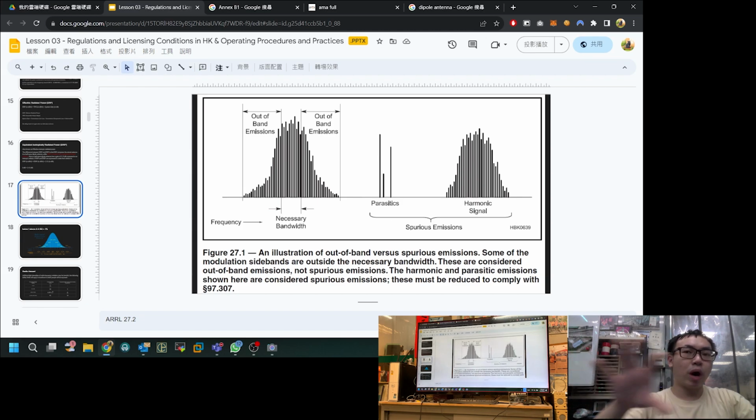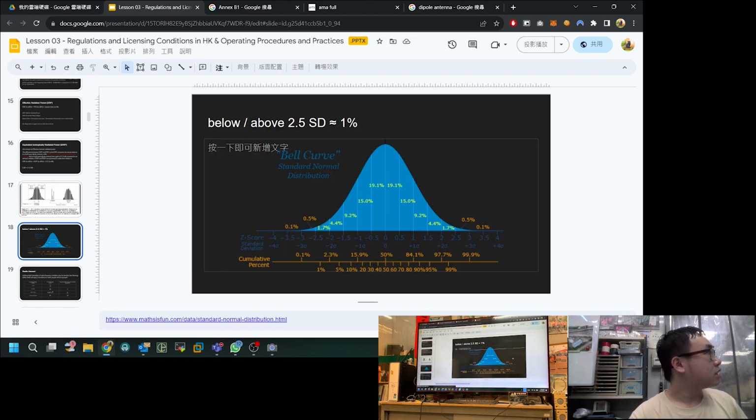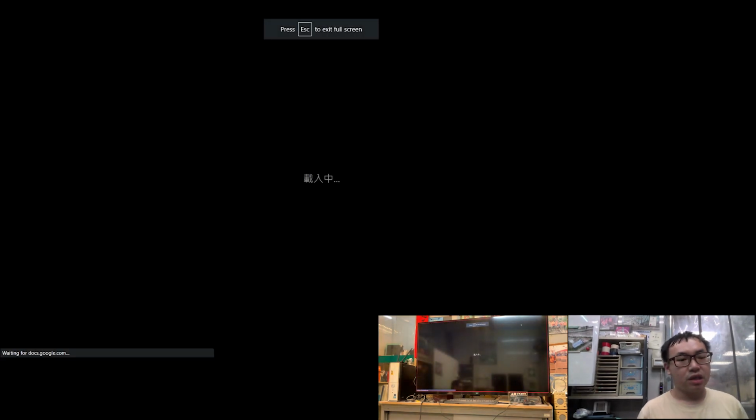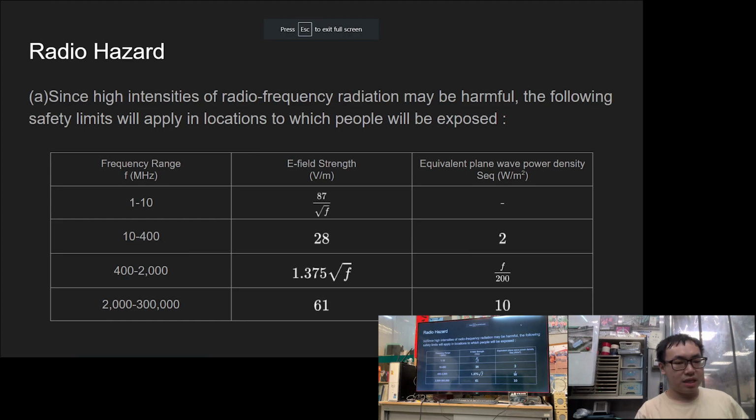Then you are using a very wide band. You have to make sure, since your equipment is not that good, that you are aware of the out-of-band emission. Radio hazard, we have to cover the radio hazard. Very important. Just memorize this number.